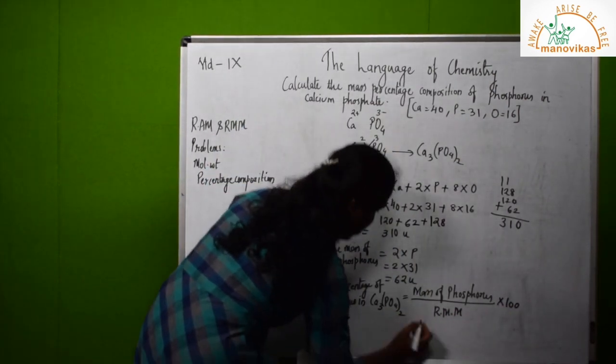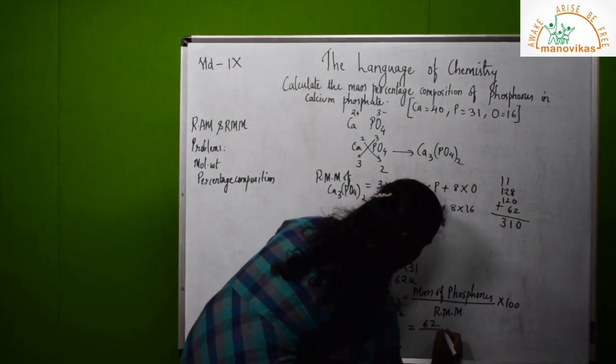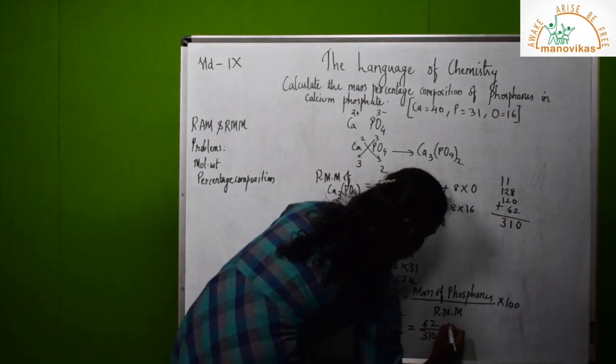So which is equals to mass of phosphorus is 62 upon relative molecular mass is 310 into 100.